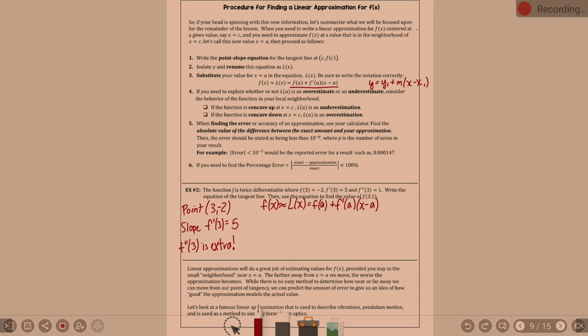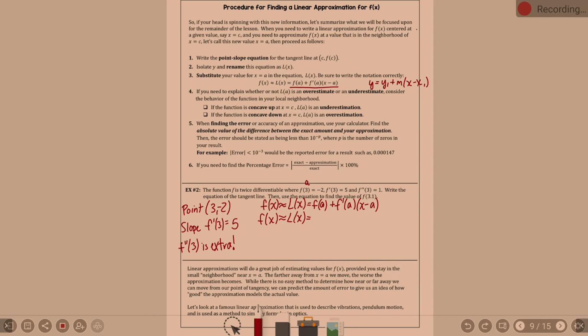So that equation from above, what can we fill in, everybody? Okay, a is 3, knowing here that a is 3, right? So all based on that, f of x is approximately equal to L of x. f of a, what's f of a going to be equal to?